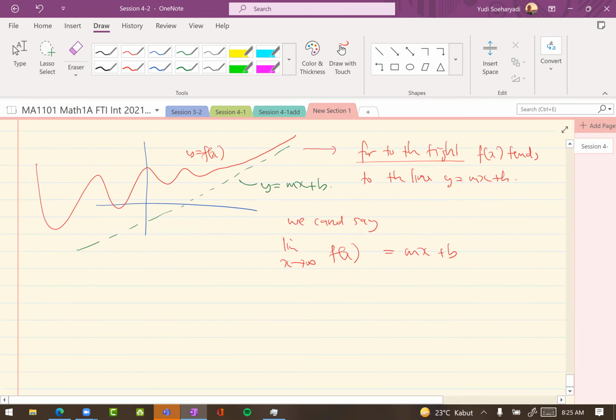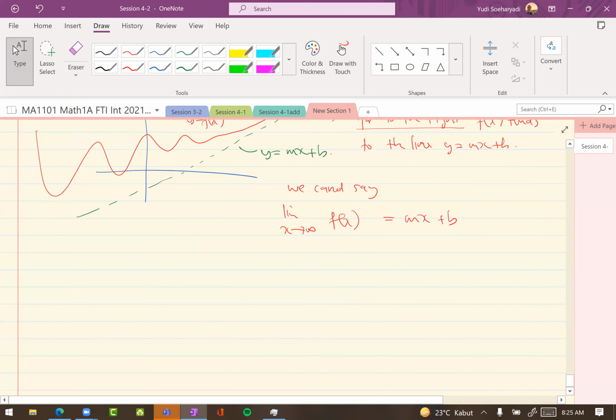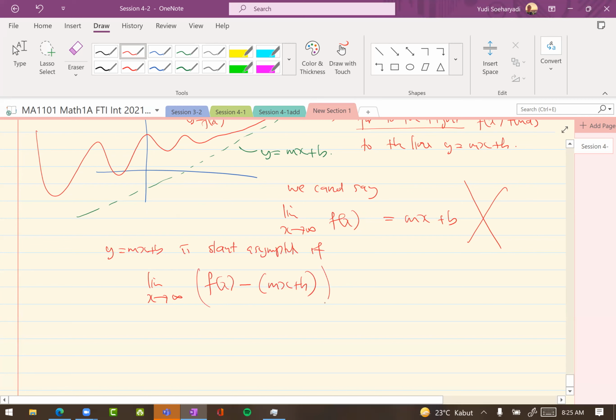Okay, so what happens is that y equals mx plus b is a slant asymptote of f if, of course, going far to the right, you look at f of x minus mx plus b, the limit there is 0.